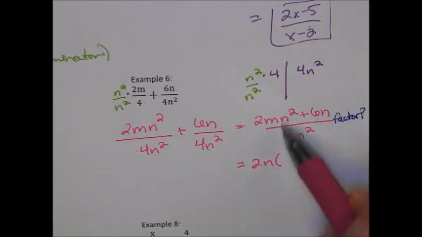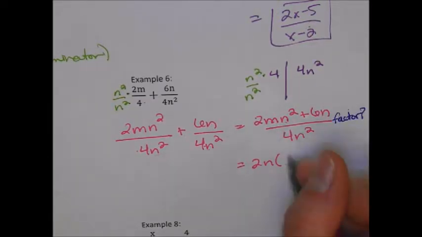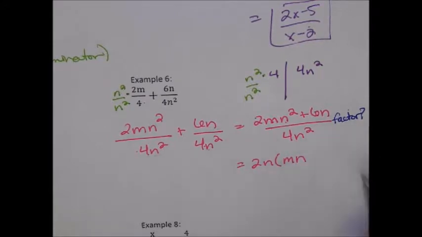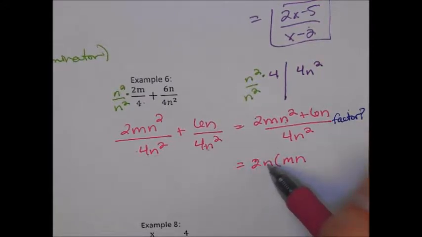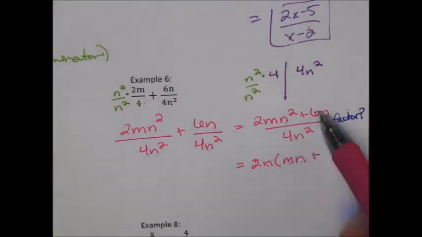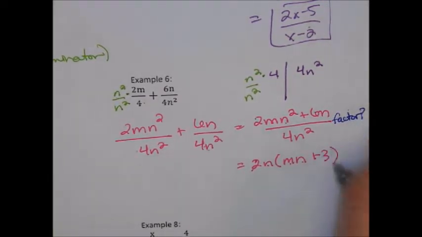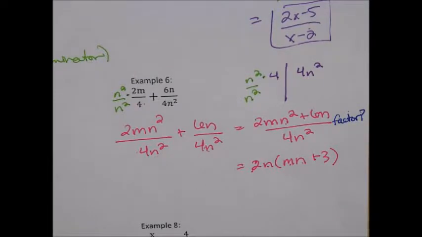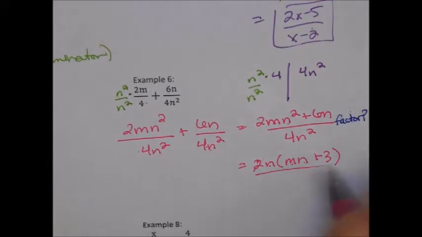And I'm left with mn, because 2n times mn is 2mn squared. And then 6n divided by 2n is 3. And this is going to be over 4n squared.